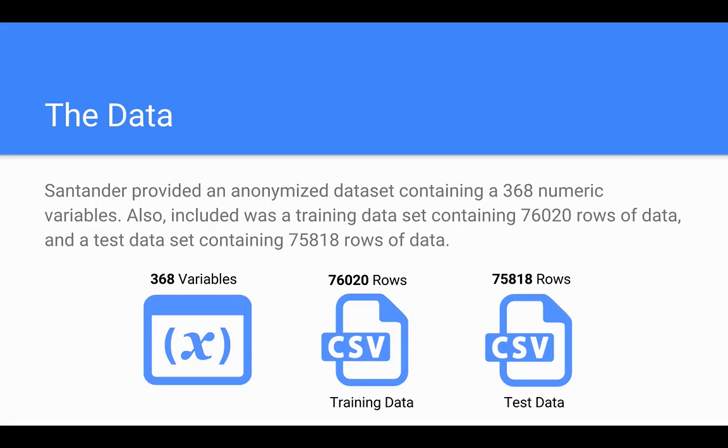So the idea is you train whatever algorithm you design with the training data, and then you test with their test data, and you produce a submission file which contains your prediction for the classification. In this case, it's either going to be satisfied or unsatisfied.